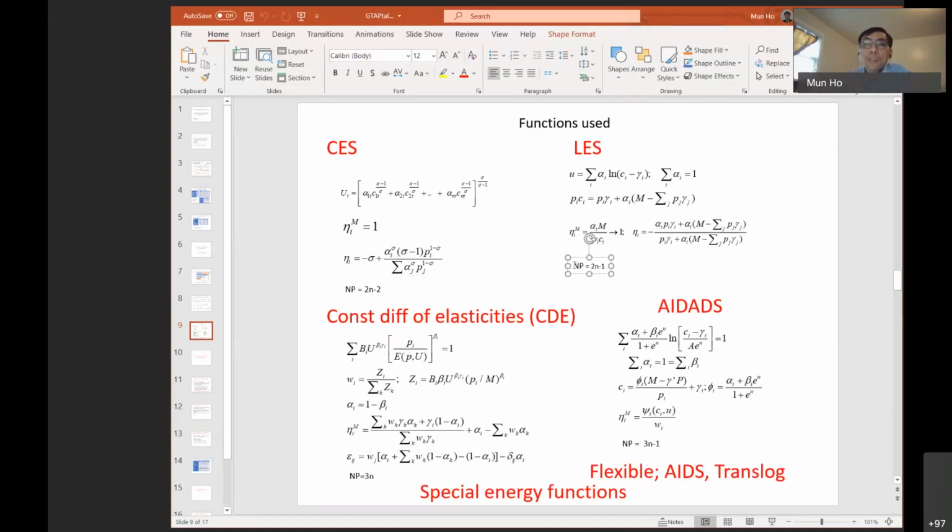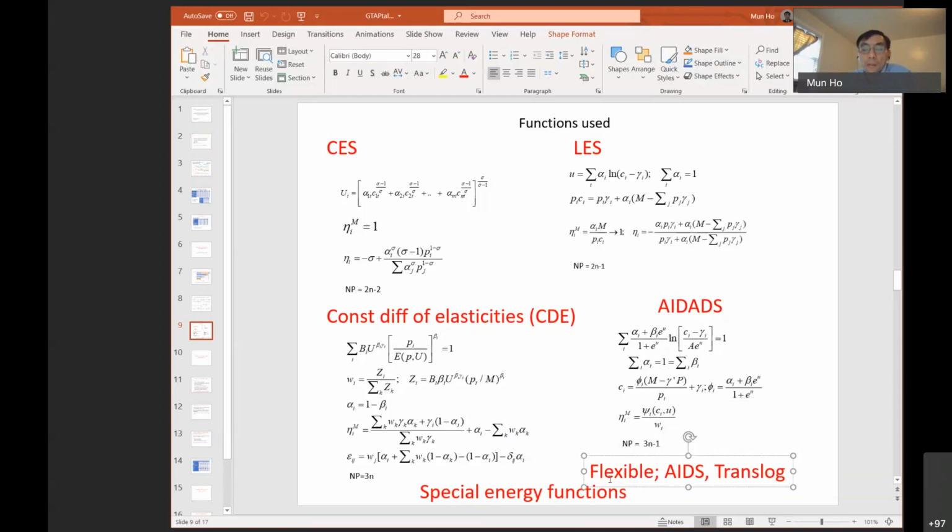And we compute the number of parameters to give you an idea about how many parameters need to be calibrated, somehow projected. And we also talk about flexible forms. By flexible, I mean those that have cross-price elasticities.